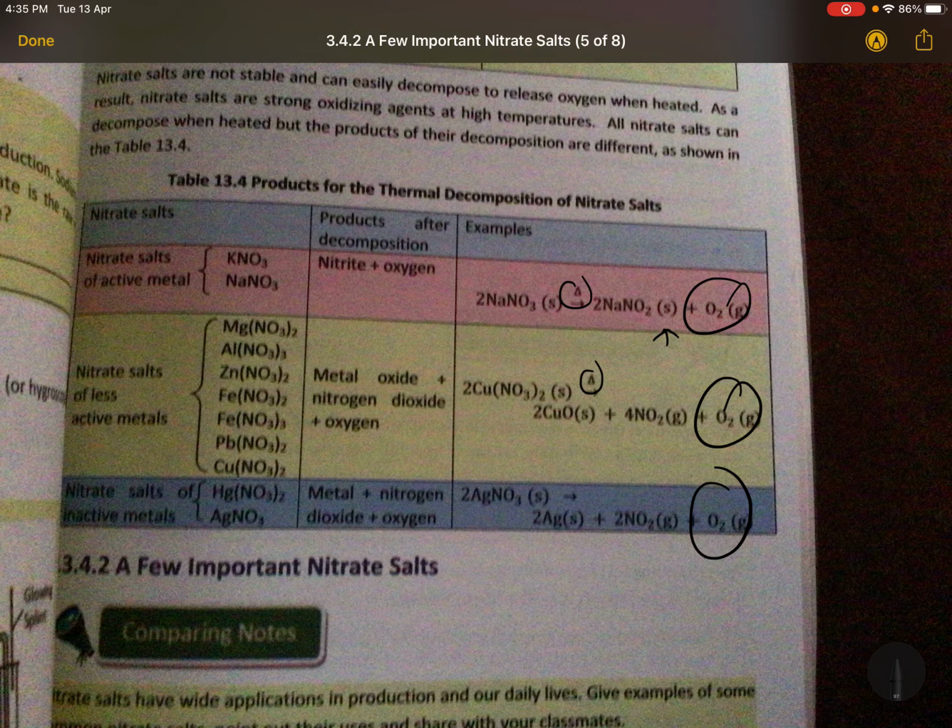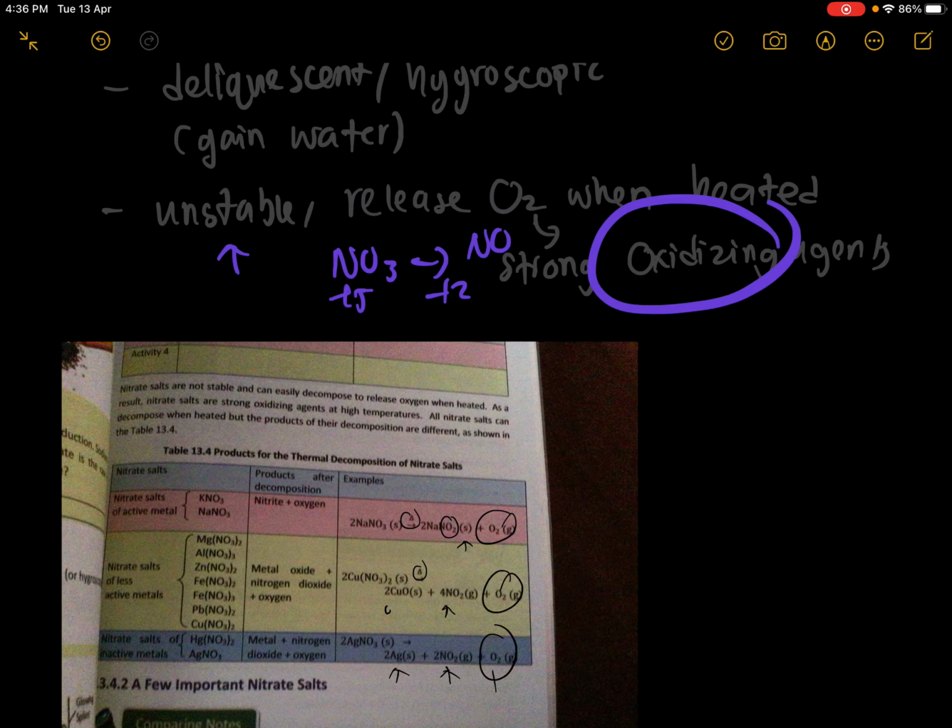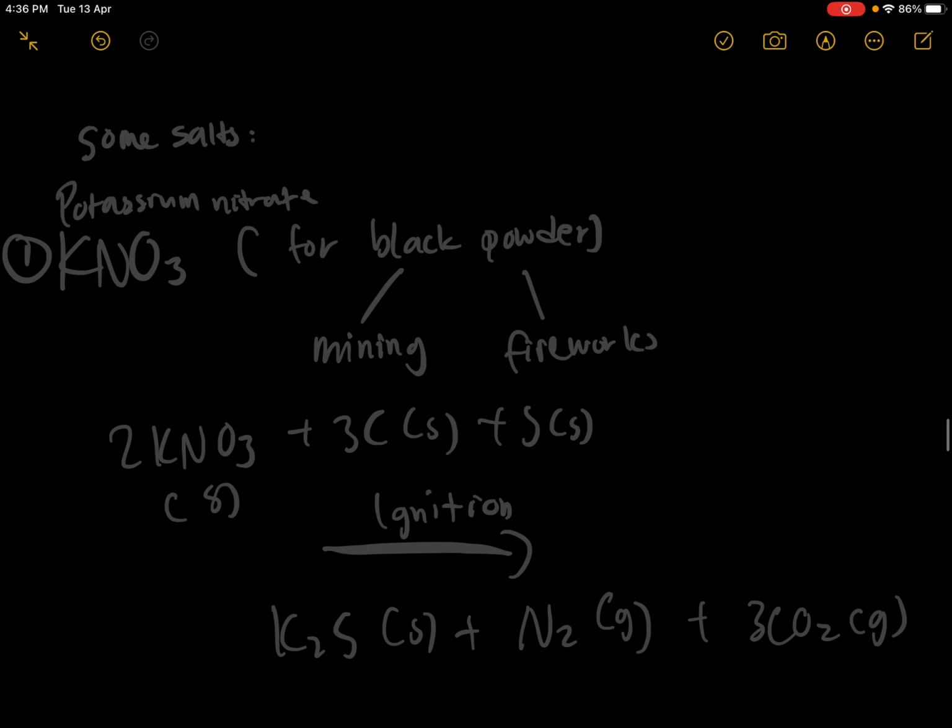For less active metal, you heat it up and it will produce metal oxide, nitrogen dioxide, and oxygen gas. For inactive metals, it will produce a pure solid metal because it doesn't like reacting with oxygen, nitrogen dioxide, and also oxygen gas.